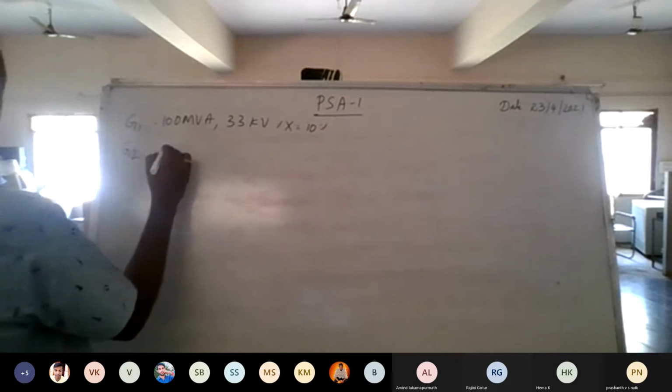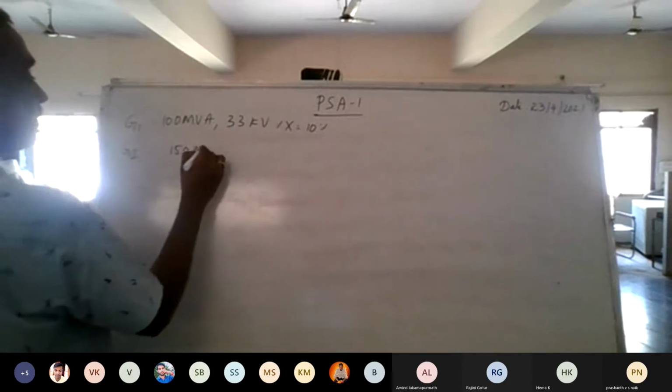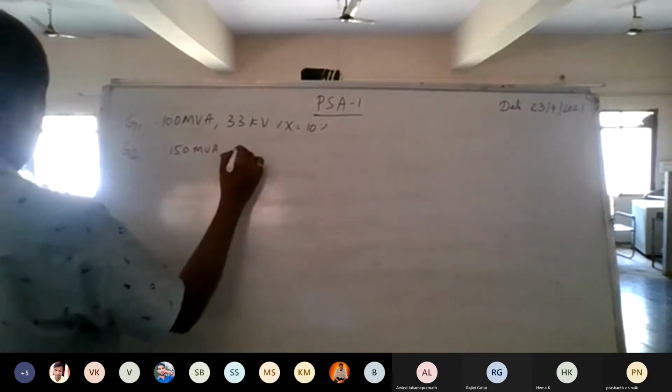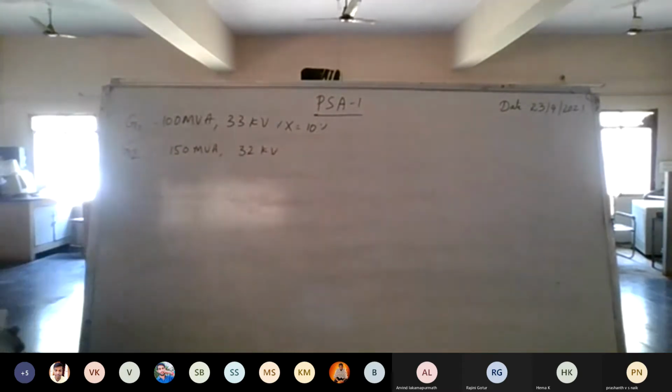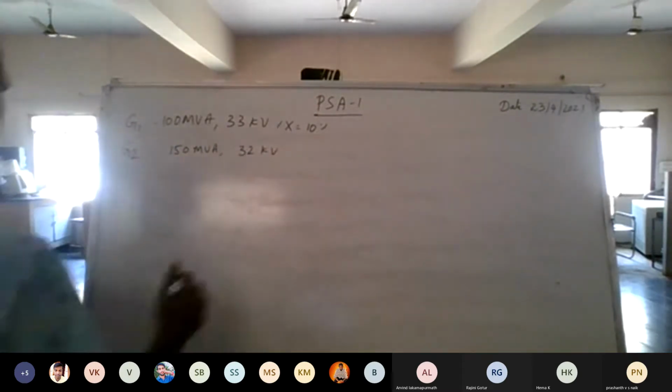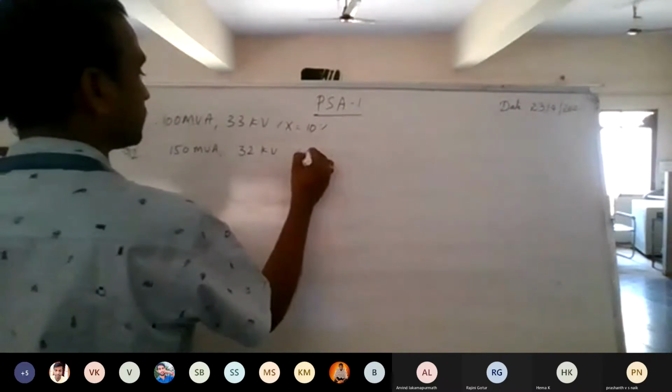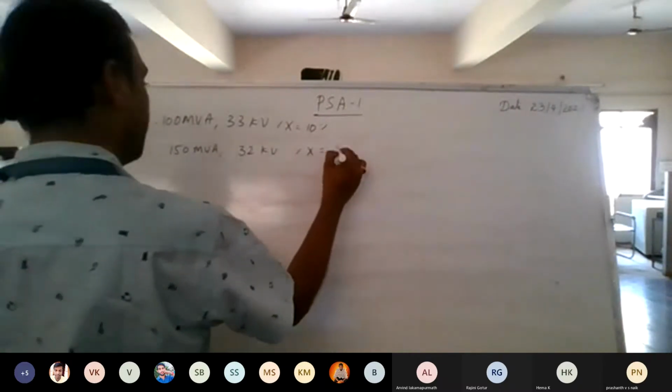Generator 2, 150 MVA, 32 kV, percentage reactance is equal to 8%.